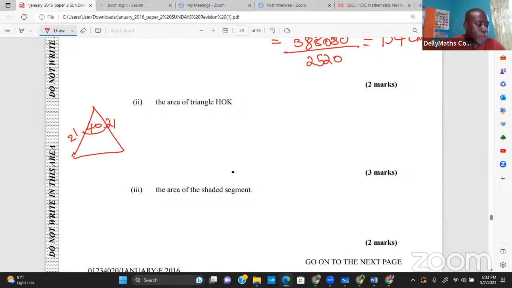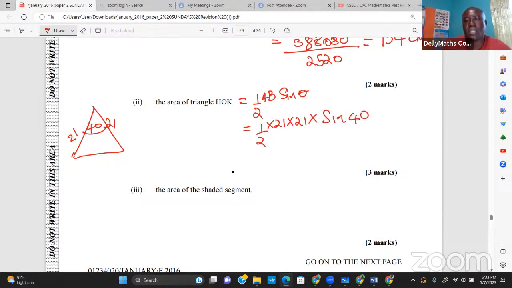So area of that triangle is going to equal half AB sine of the angle there. In this context, that's half times 21 times 21 times the sine of the angle, which is 40. These are the same numbers that are here.